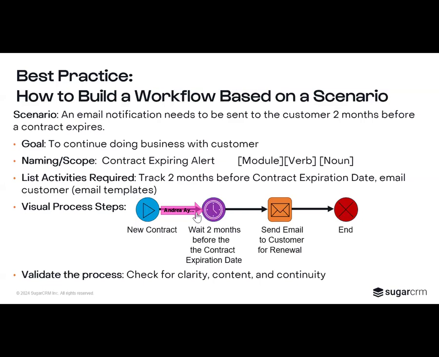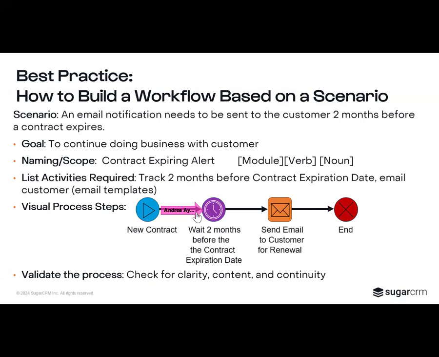Now, let me give you a little tip here for best practice. So you just created this. If I were going to test this, I don't want to wait 2 months, right? So I would put something like 2 minutes, 1 minute in, and then see if it triggers. Because all of these workflows you're going to create in the system are going to be in your sandbox. You're not going to go right to your production instance and put these in, right?